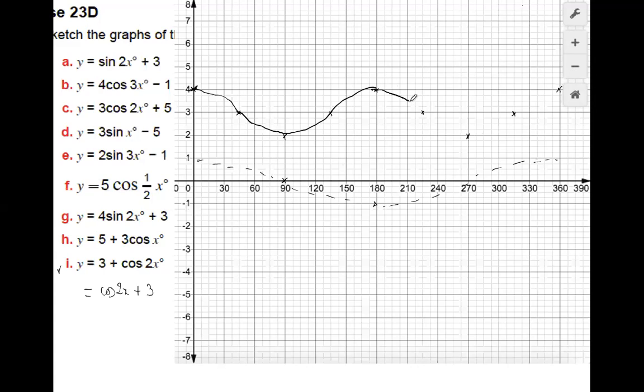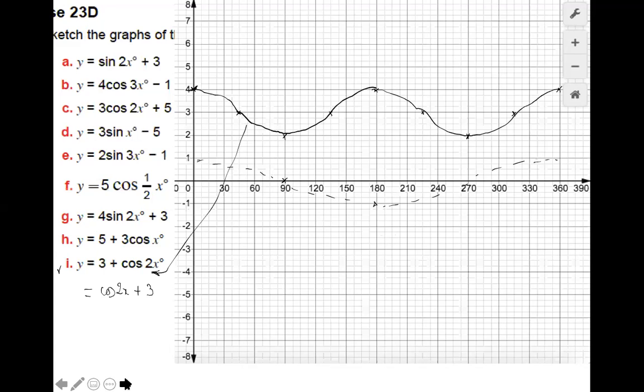So you just draw it again, come down, back up. So this is cos 2x plus 3 or 3 plus cos 2x.